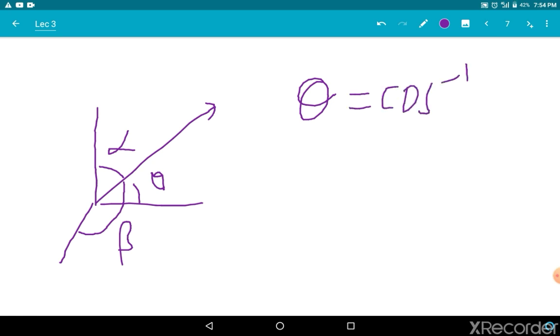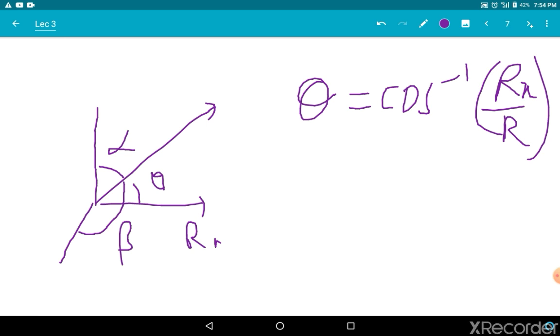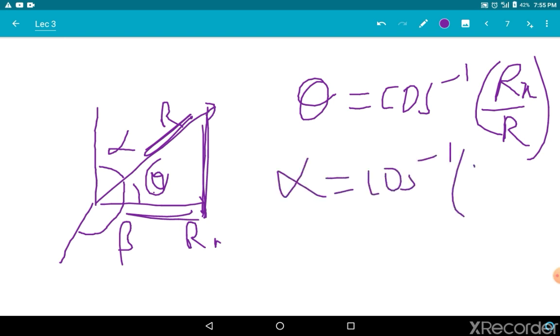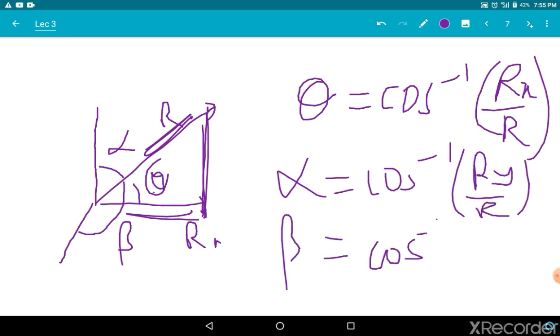I think you should know mathematics as a prerequisite; I'm only teaching vectors. Because this is rx and this is r, cos theta is nothing but this by this, so theta is cos inverse of rx by r. Alpha will also be cos inverse of ry by r, and the same way beta will be cos inverse of rz by r. This is the logic of the components.